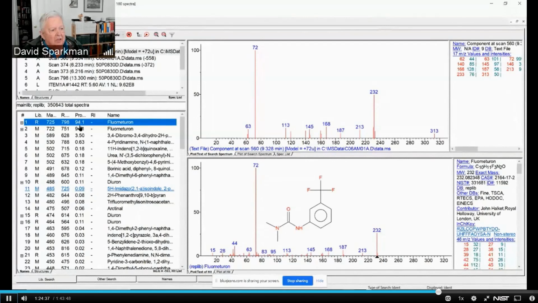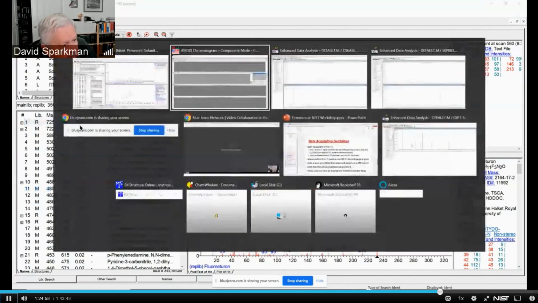So AMDIS did a much better job than I could do in doing an identification on my own. All right. Now, let's take a look at another example of the power of AMDIS.